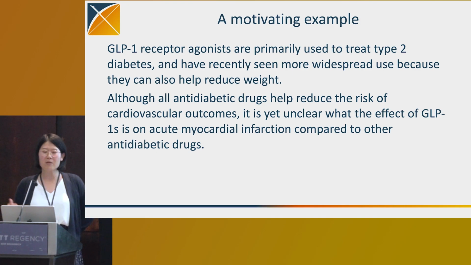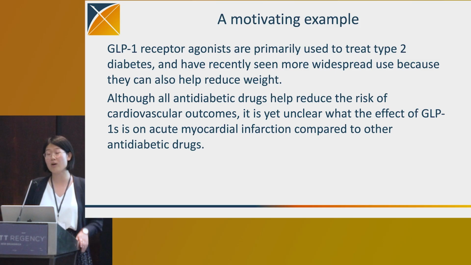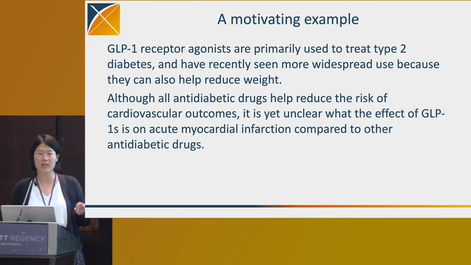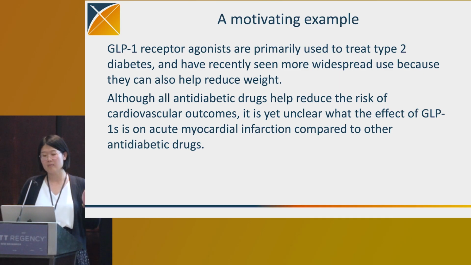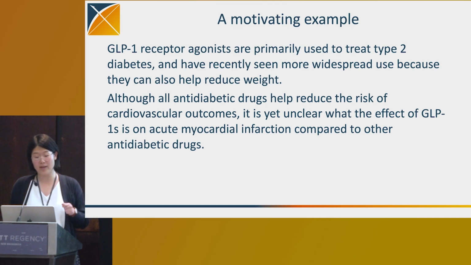So currently GLP-1 receptor agonists, which is a class of anti-diabetic drugs that have been initially approved for treating diabetes by lowering blood glucose, but we have recently seen more widespread use because they can also help reduce weight.